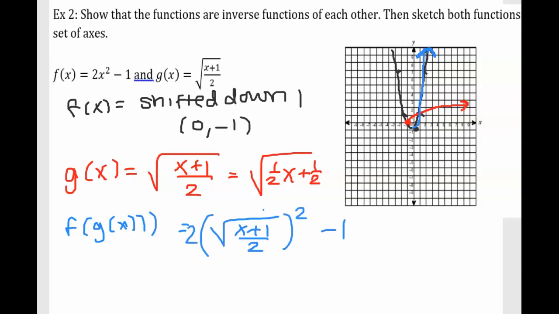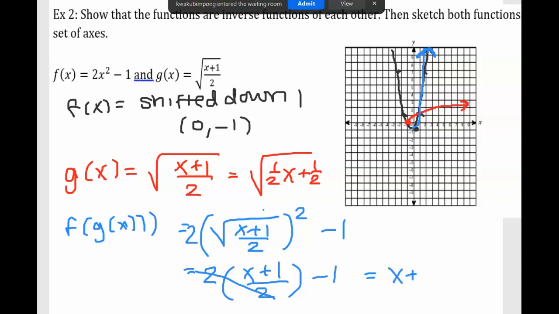And we can ignore the 2 out in front. A squared square root goes away. So that gives 2 over x plus 1 all over 2 minus 1. So now your 2's cancel, and that gives x plus 1 minus 1, which leaves you with x, which does in fact confirm that this is an inverse of the function.